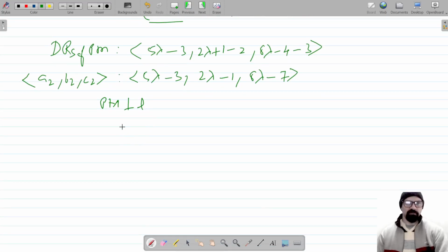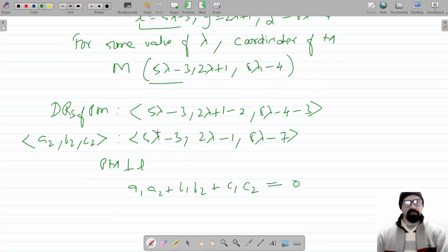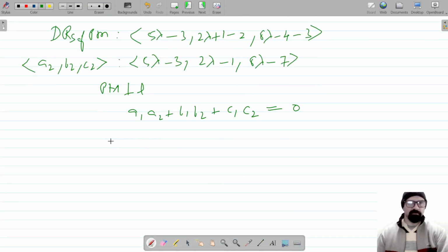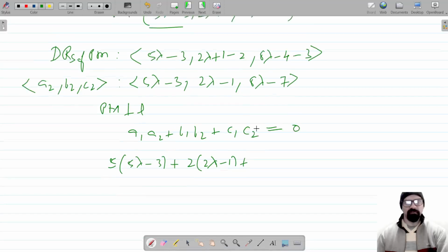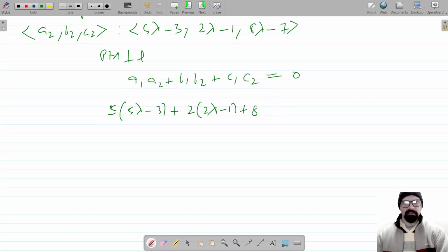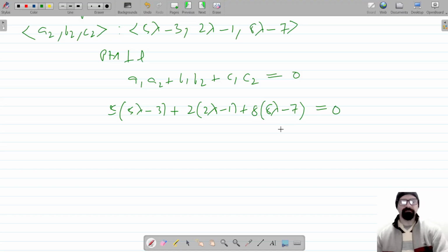Now, when two lines are perpendicular, the sum of the products of their direction ratios is equal to 0. So A1, B1, C1 are 5, 2, 8. So this is 5 into (5 lambda minus 3) plus 2 into (2 lambda minus 1) plus 8 into (8 lambda minus 7) is equal to 0.